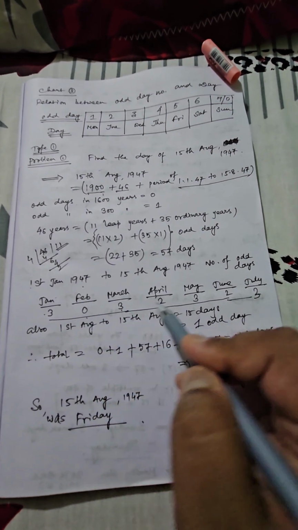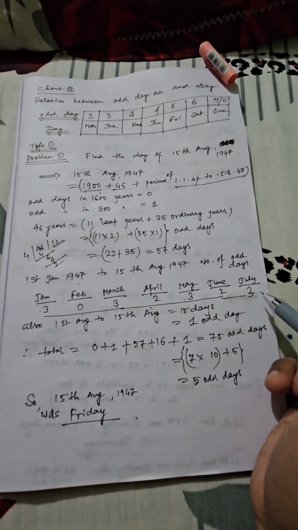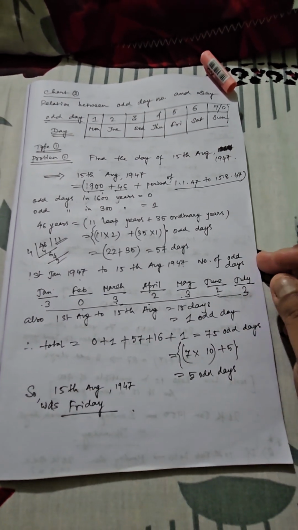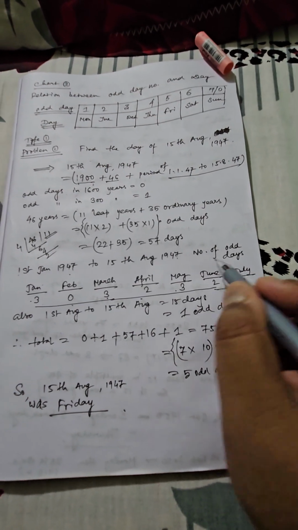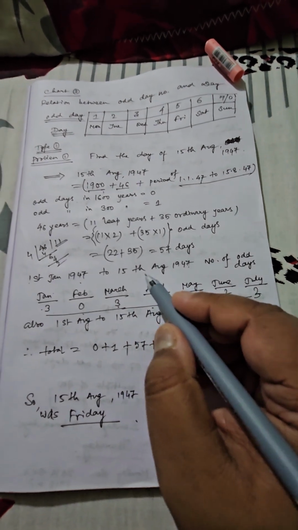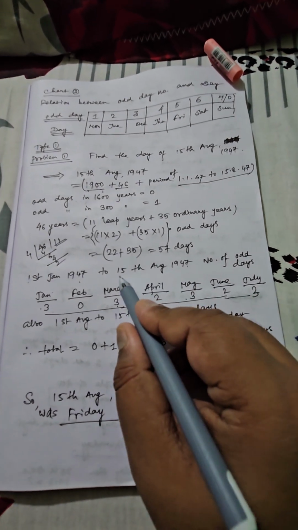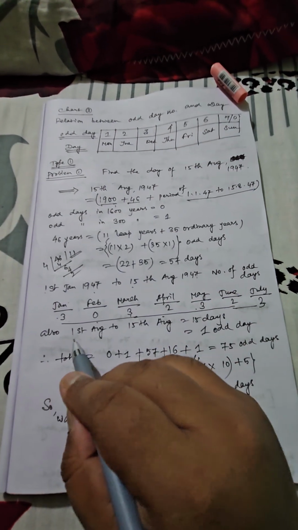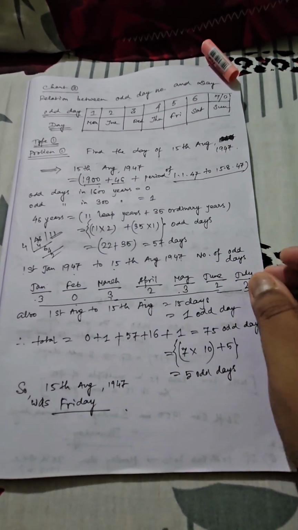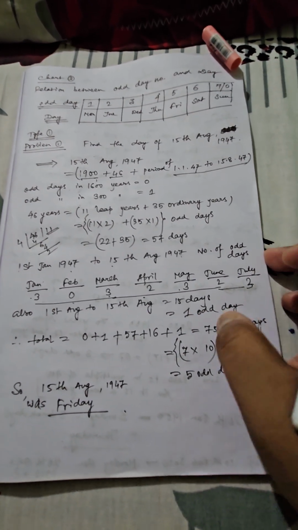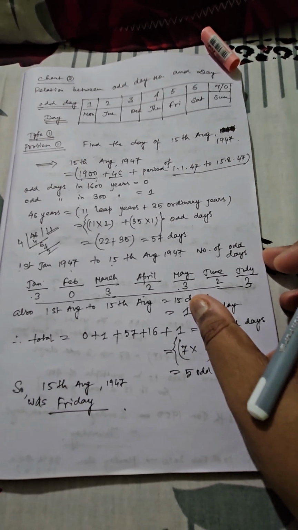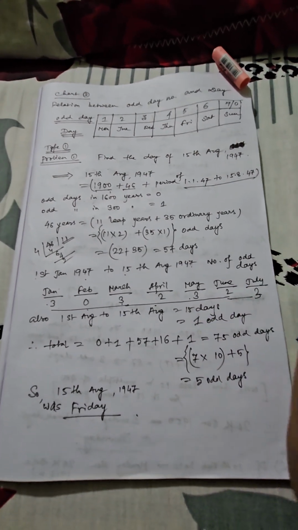Similarly for March, April, May, June, July, you will get all the odd days. Technically I have calculated up to July, because we are not considering the entire month of August, we need to consider up to 15th August. So 1st August to 15th August, how many days? 15 days. Divided by 7, how many odd days will be there?